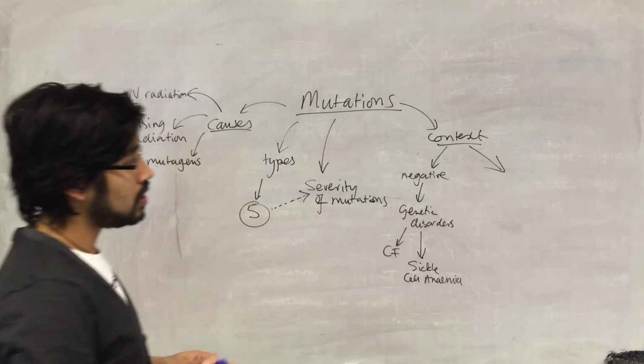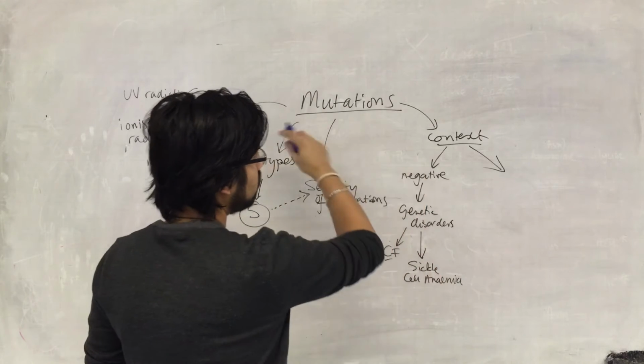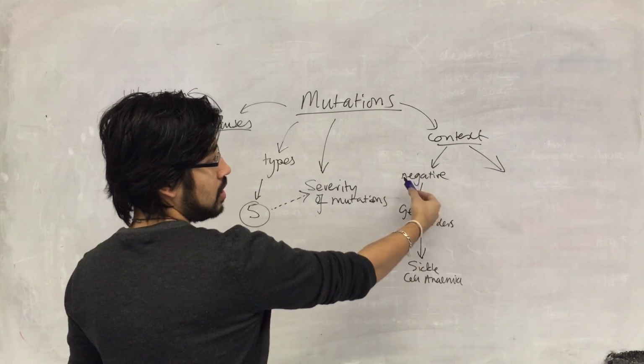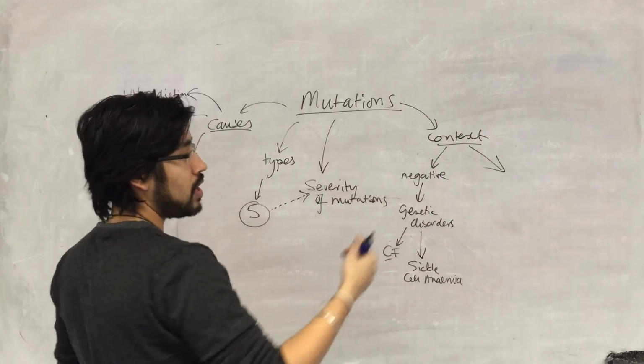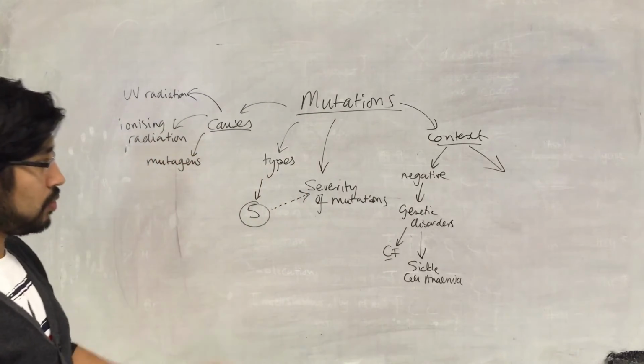Okay, so we have two examples of where mutation caused a negative effect on the protein function. Okay, via a change in the tertiary structure.